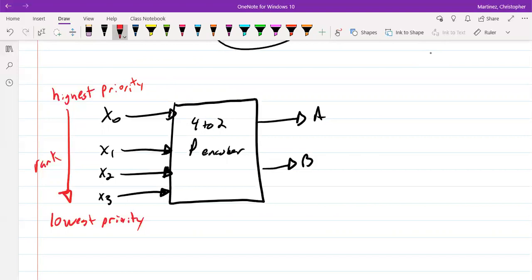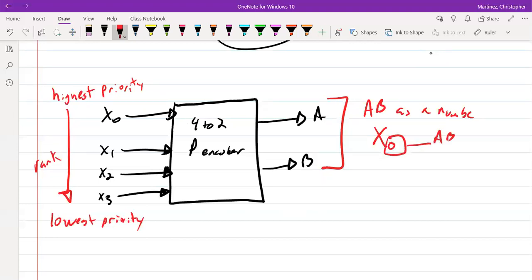We're going to view A and B as a number. If the output is, for example, for X0, I want this 0 to be represented as A and B, so it'd be 0, 0. Or if X1 needs to be the one to drive through that intersection, I want it represented as A and B as 0, 1.